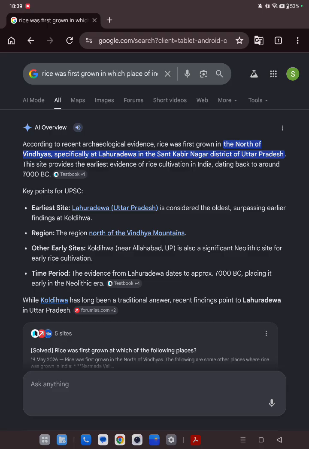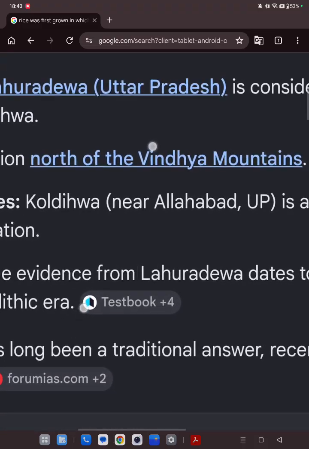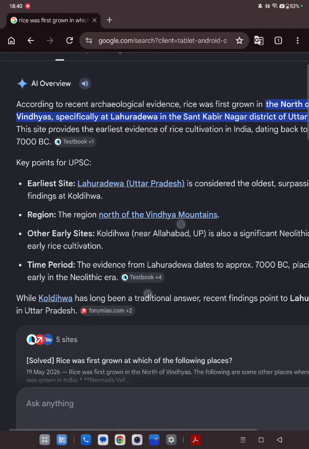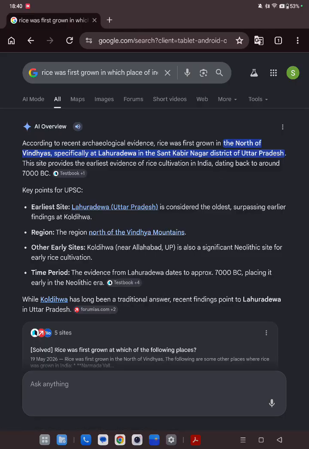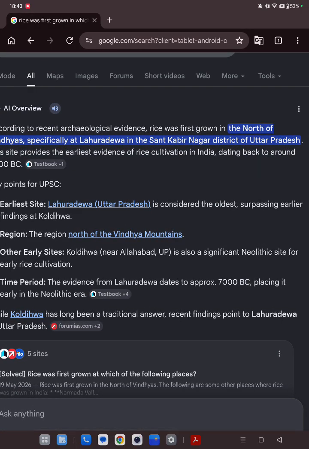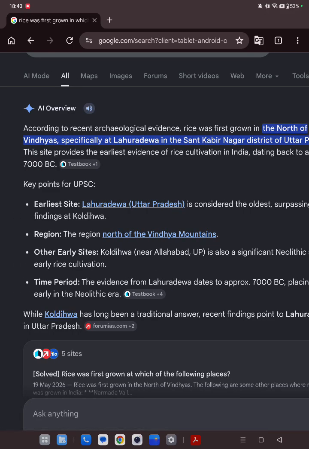And the one which we regularly used to hear is Koldihwa. It is in Allahabad, UP. But here it is written, according to ChatGPT, that Lahuradewa, Uttar Pradesh is considered the oldest, surpassing earlier findings at Koldihwa. That means this is a recent discovery, that Lahuradewa, Uttar Pradesh is the first site of rice cultivation in India.